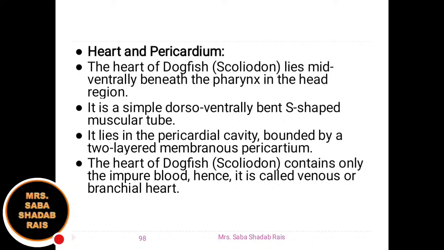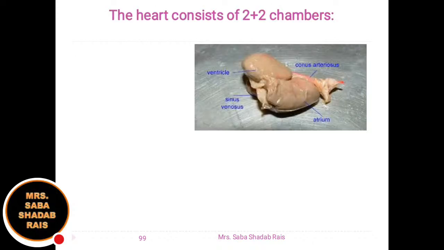The heart part. I told you that the heart has only two chambers, but why have I mentioned here 2 plus 2 chambers? The reason is that it has two accessory chambers and two main chambers.